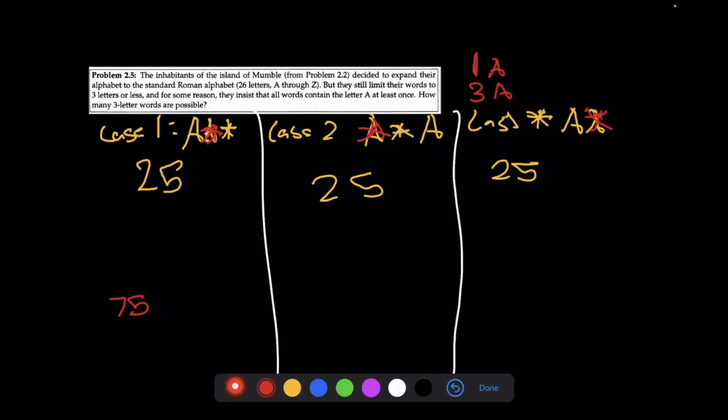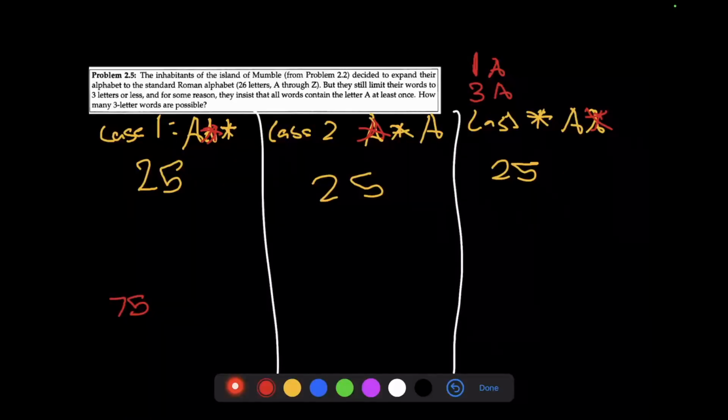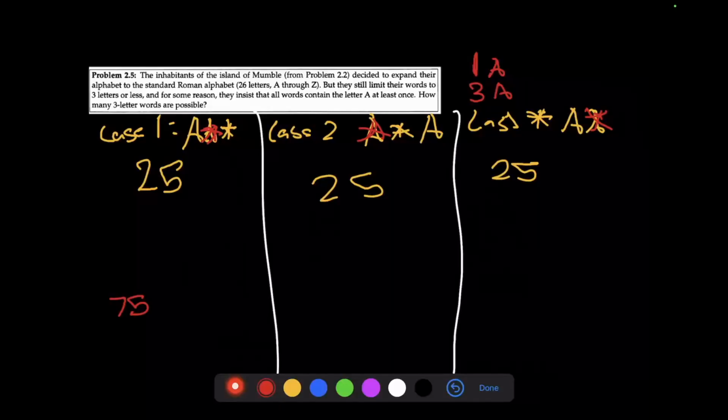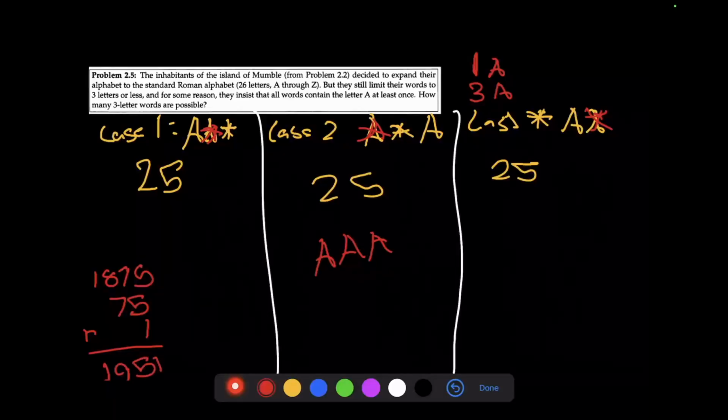There are exactly 625 ways for each of these, which gives you 3 times 625, or 1875. Finally, what if they're all A's? There's only one way, so plus 1. Adding all of these up, you get 1951.